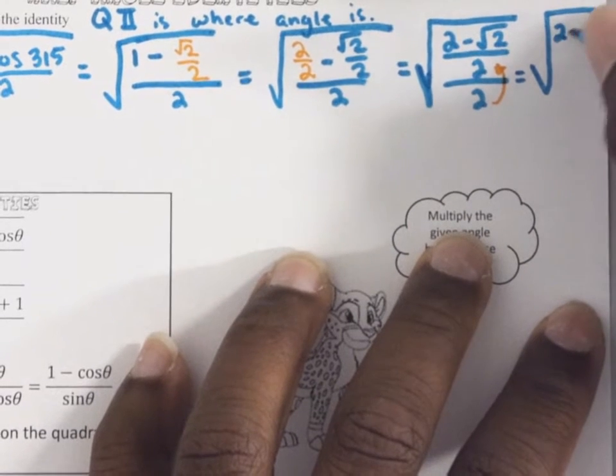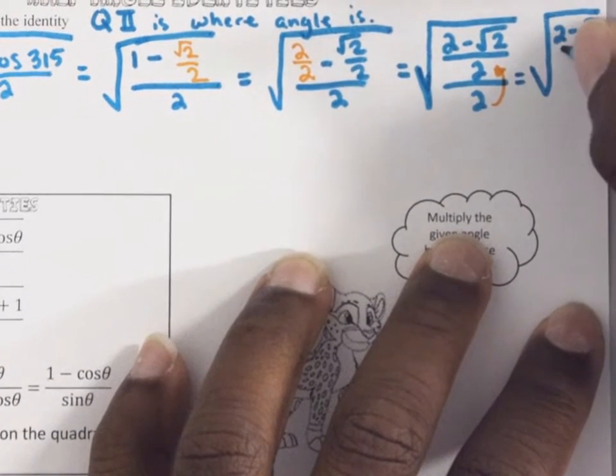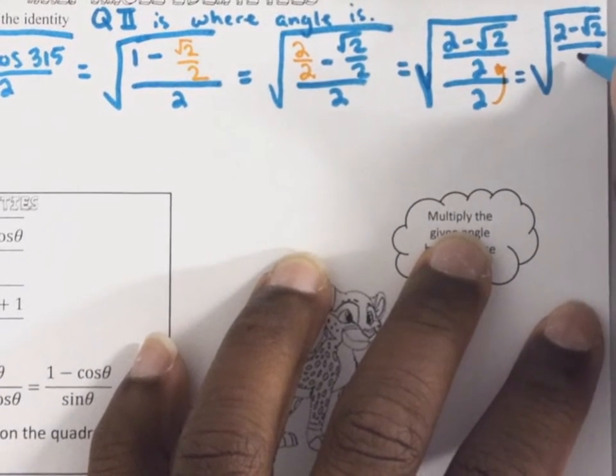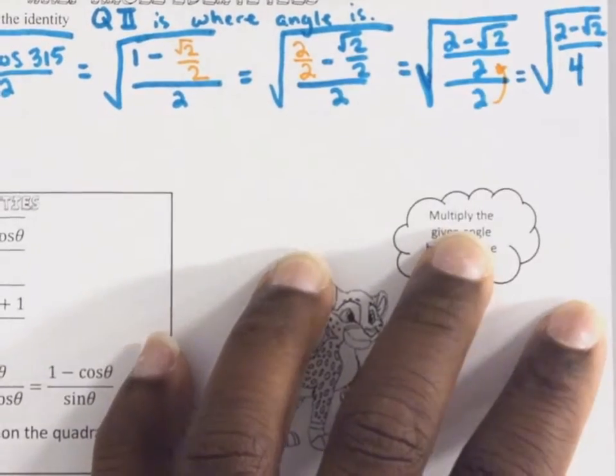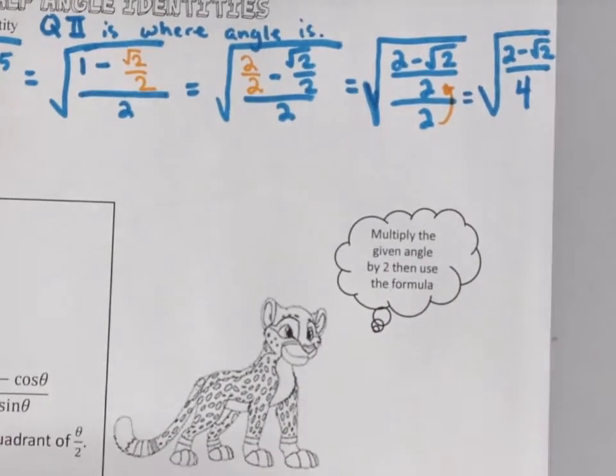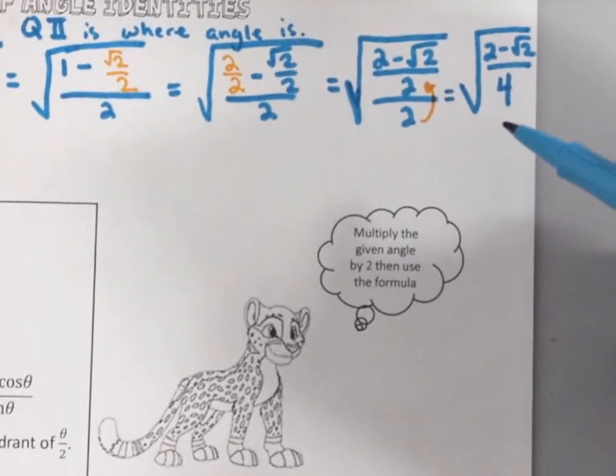So, keeping this, and then in the denominator, I'll do 2 times 2, which is 4. I did the same thing as if I keep, change, flip.